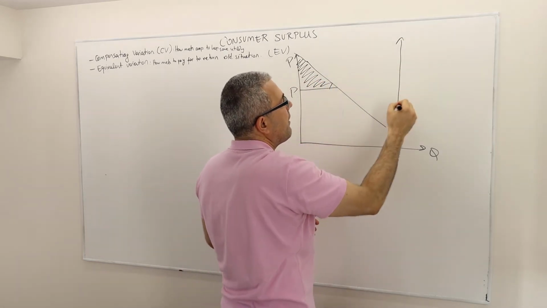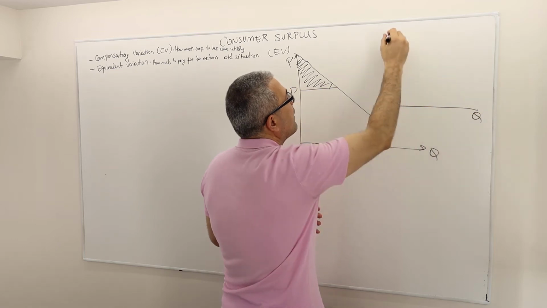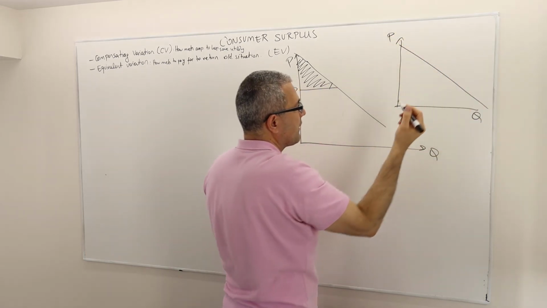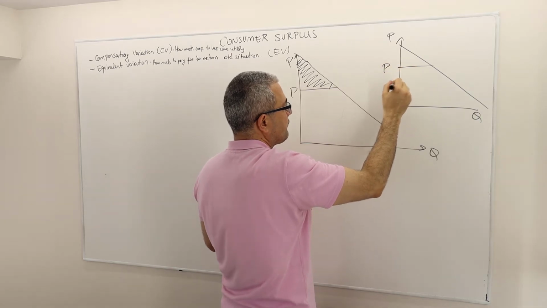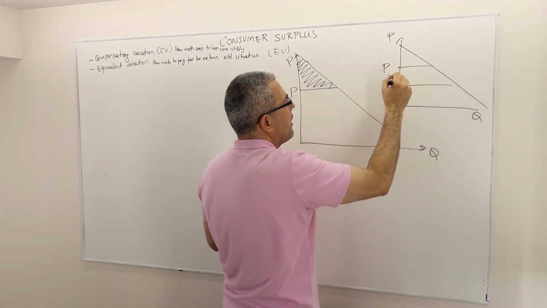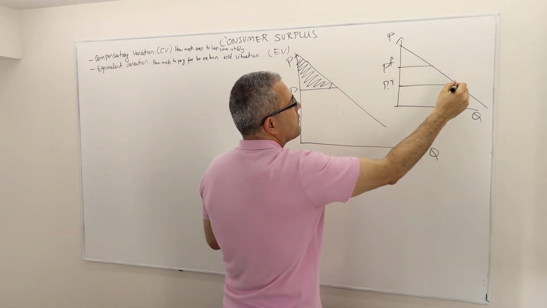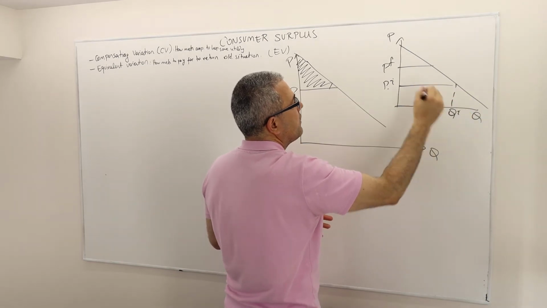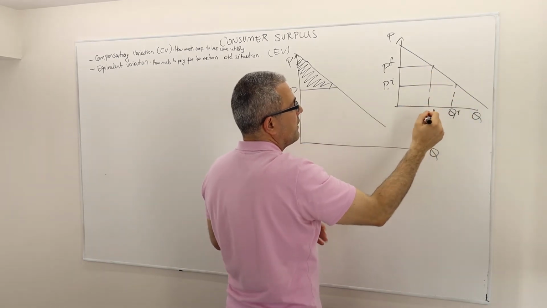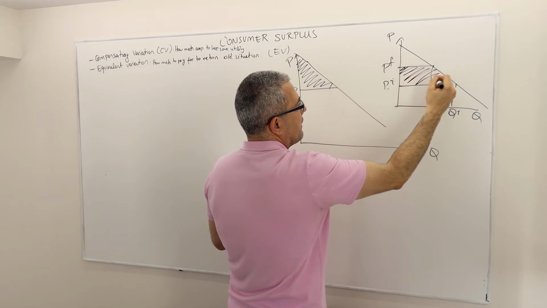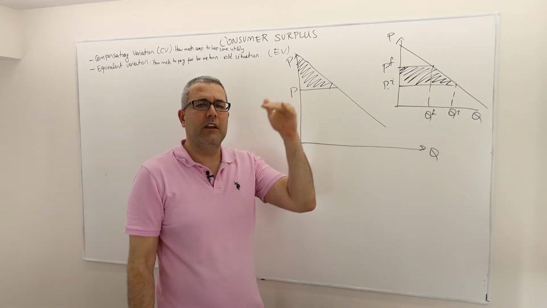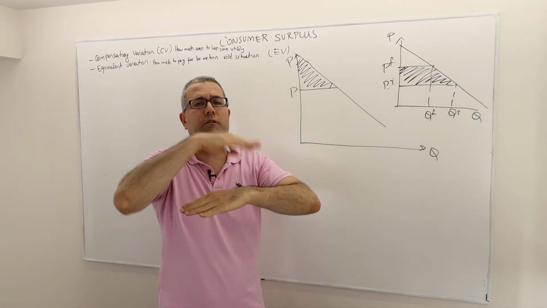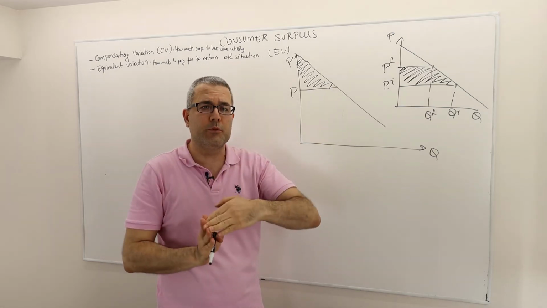If we are talking about a change in price and how that affects the consumer surplus, let's say this is initial price, this is final price. So initially that was Q initial and then finally Q final. So this area is basically the change in consumer surplus, right? Remember, the area between the price line and the demand curve always gives us the consumer surplus.